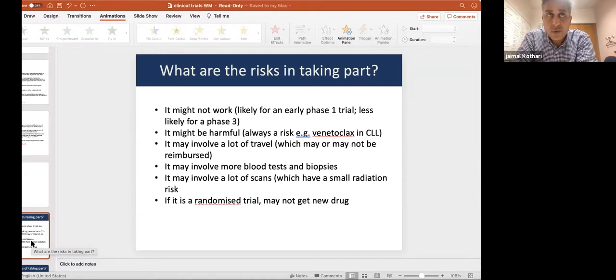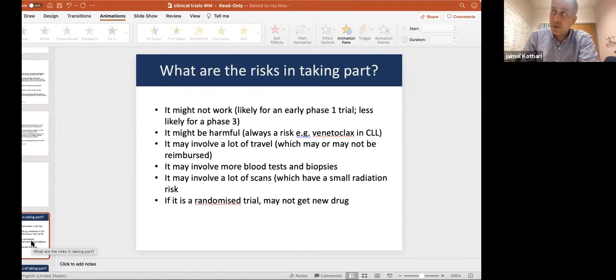But as a general rule, those are not usually very different to what would happen in a standard of care setting. And it's not usually an extra needle with extra blood tests. It's usually just extra samples sometimes. Sometimes you do have more scans because of the nature in which you have to report responses.